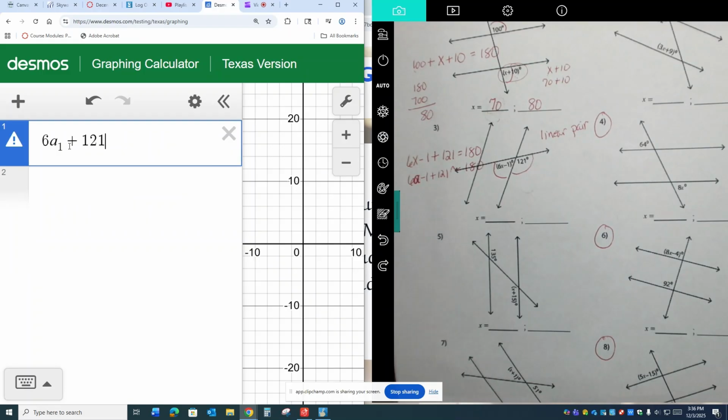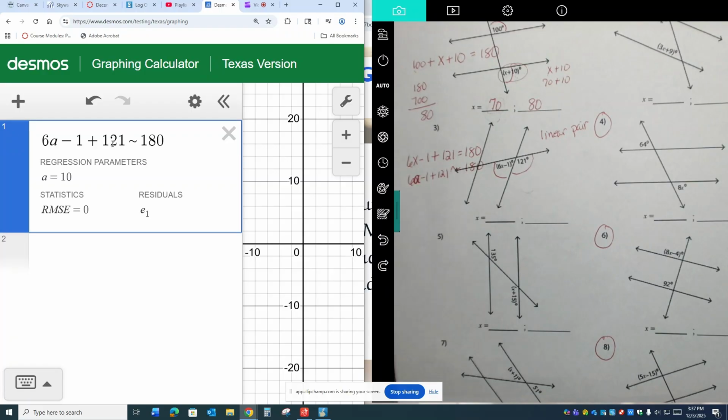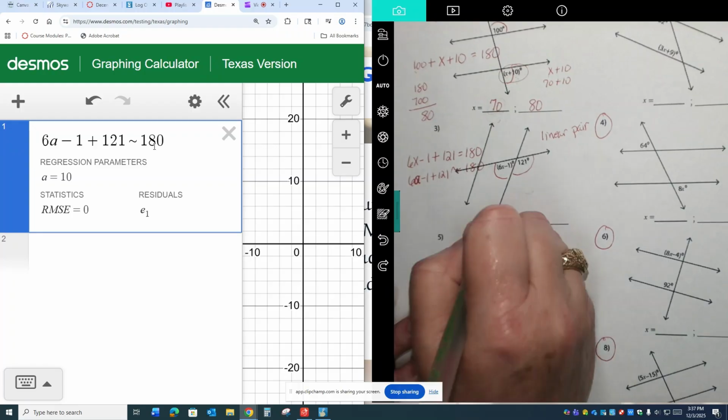I don't know where that 1 came from. Okay, squiggle. Nope. 6a, I'm losing my mind. 6a minus 1 plus 121. There we go. Squiggle, 180. A equals 10, or x equals 10.